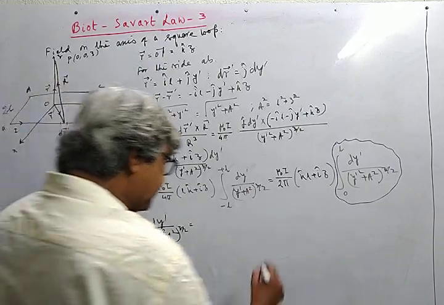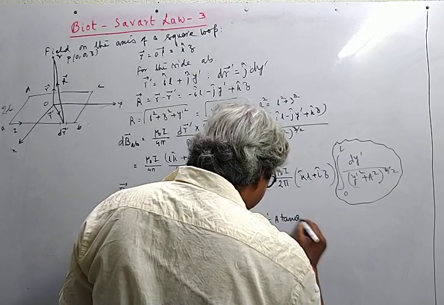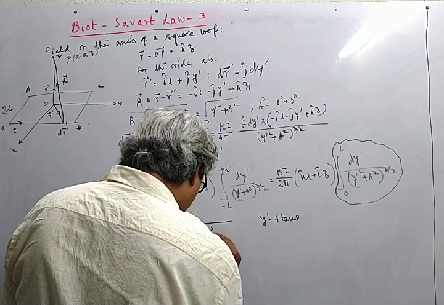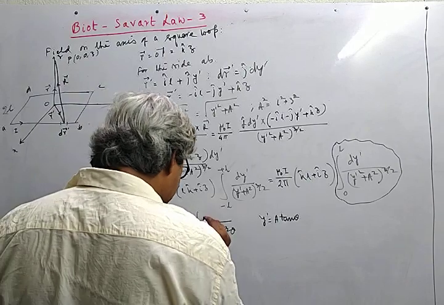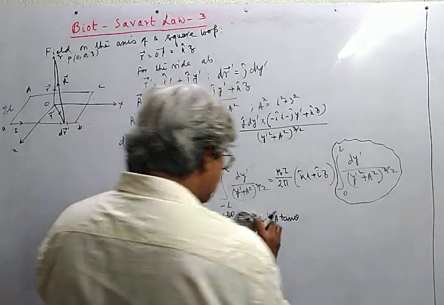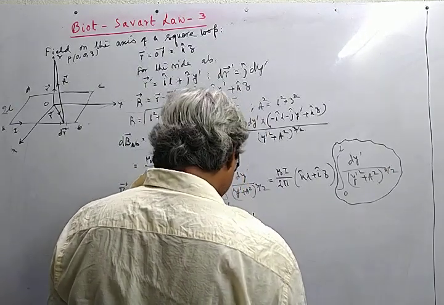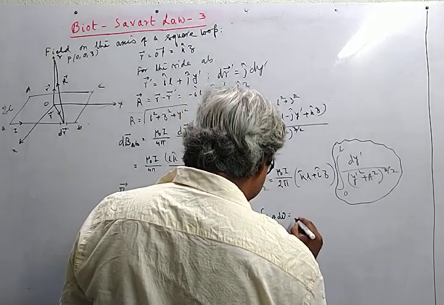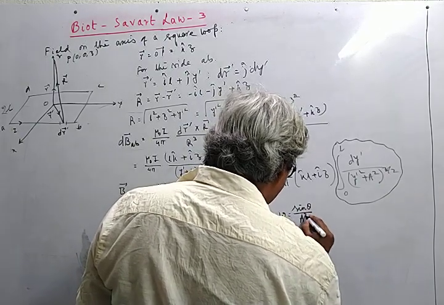We use the substitution y prime is equal to a tan theta, so that the denominator is a cube sec cube theta and the numerator is a sec square theta d theta. The result becomes 1 by a square integral of cos theta d theta, which is sin theta by a square.